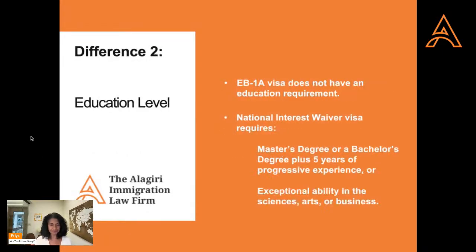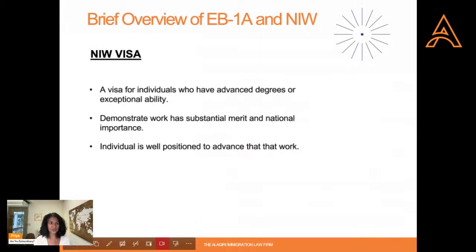The second one is the NIW. Very briefly, the NIW visa is for individuals who have advanced degrees or exceptional ability. Applicants must demonstrate that their work or field of endeavor benefits the U.S., and has merit and importance to the U.S. and its citizens.